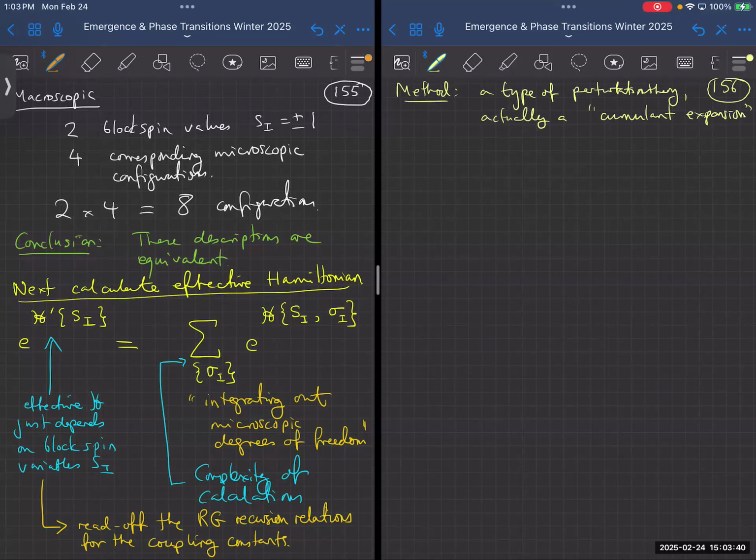And this corresponds to computing a certain set of Feynman diagrams. For those of you who know quantum field theory, this would be connected Feynman diagrams, and that's what we're going to be doing. But it's going to be much simpler.